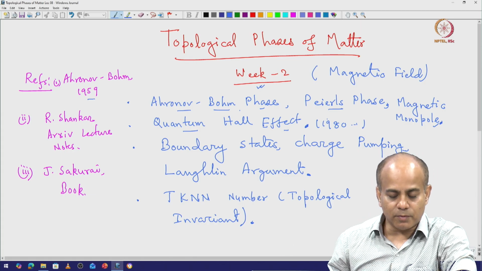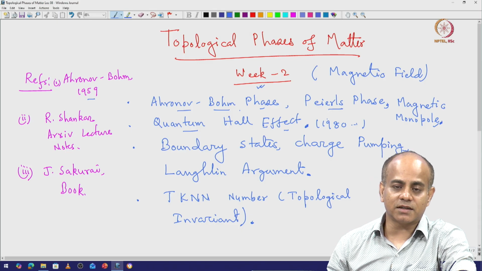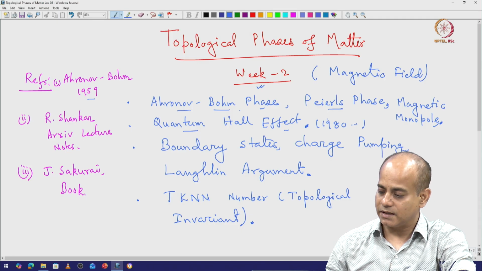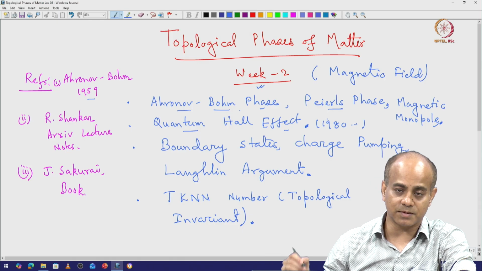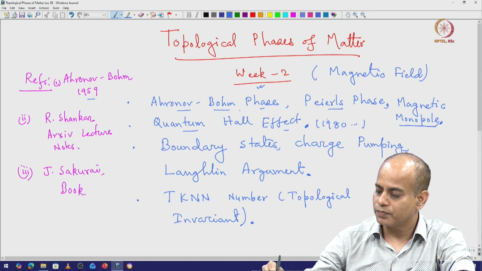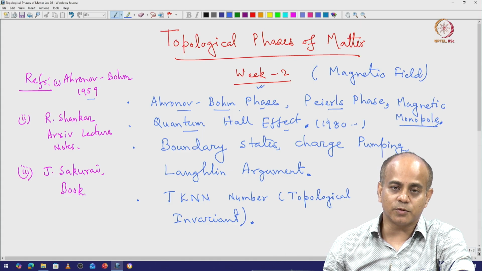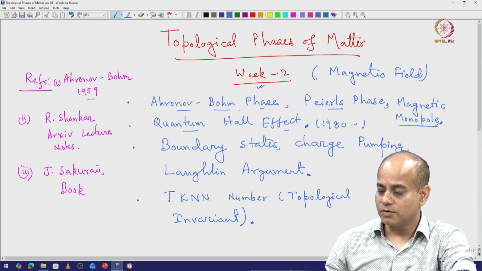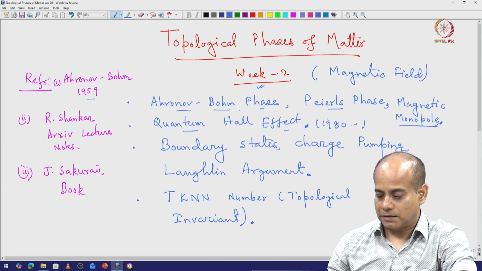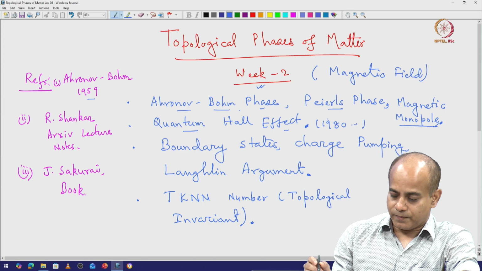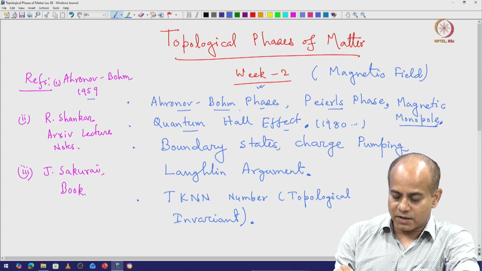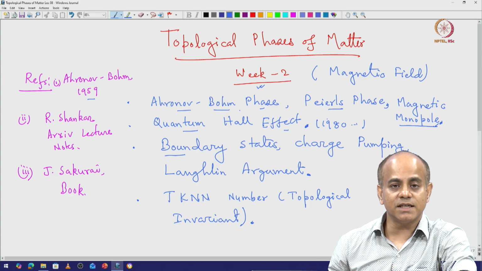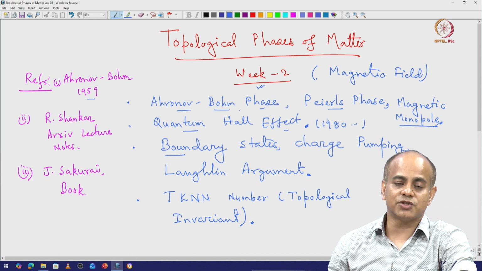Although the Aharonov-Bohm effect was slightly earlier, the connection to topology was not very clear. And also there is something called a Dirac monopole. The setup was proposed by Dirac, and that was also there much earlier. And through the quantum Hall effect, we realized this topology is somehow connected to edge states.